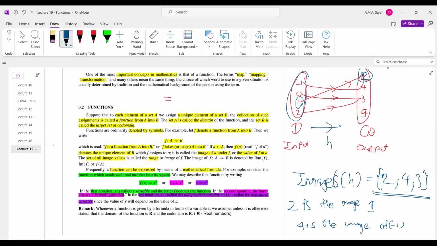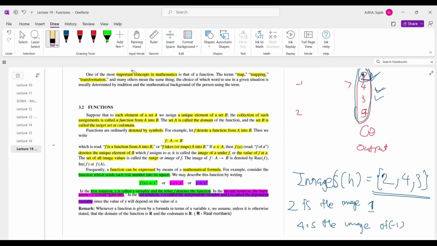Here you even have more elements in the codomain, but you only need to think about which elements are assigned with domain elements. These 3 elements are called the images of this function. Altogether, all these we can say is the range of the function. Range of the function means it includes all the possible values for the function.